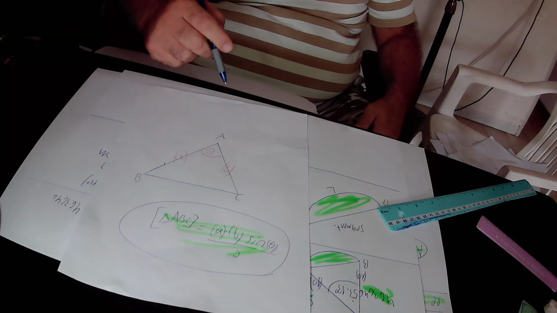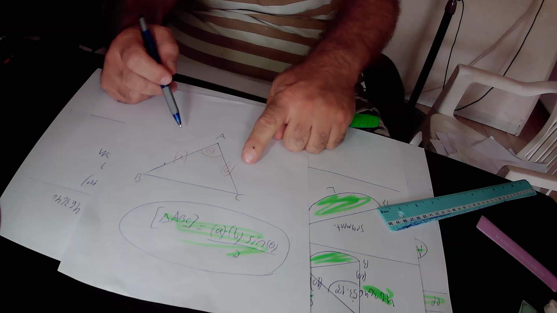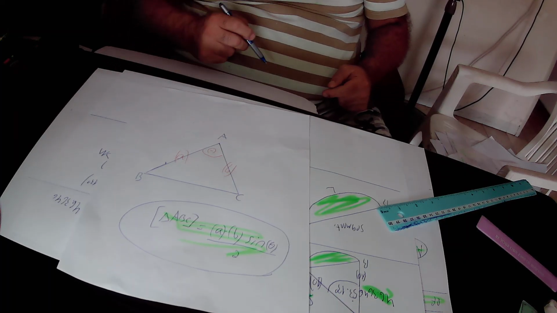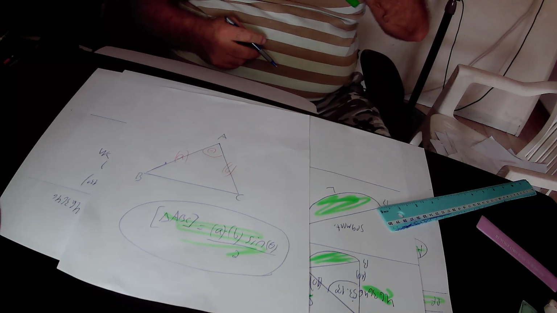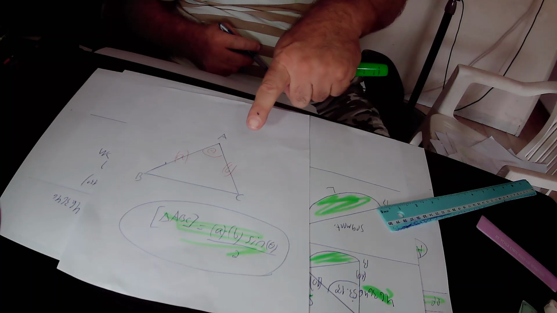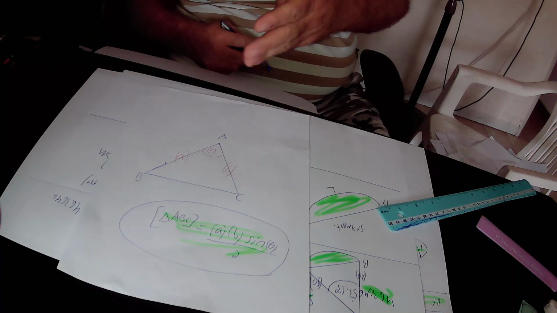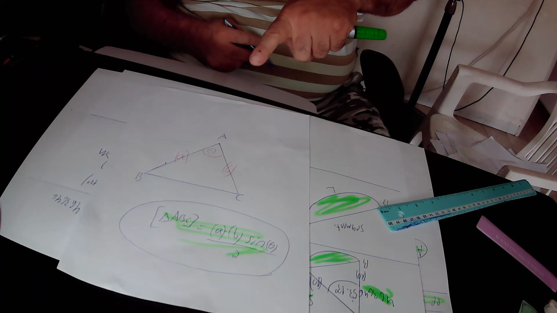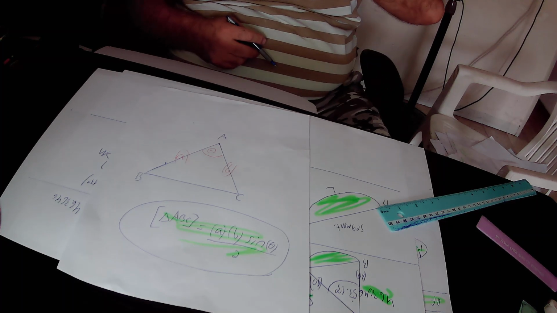In triangle ABC, side AB equals a units, side AC equals b units, and the angle between side AB and side AC is theta. So the area of this triangle ABC equals a times b times sine theta over 2. That is the multiplication of two sides by each other times the sine of the angle between those two sides, over 2.